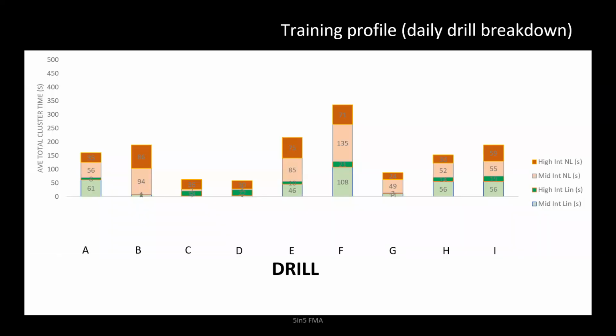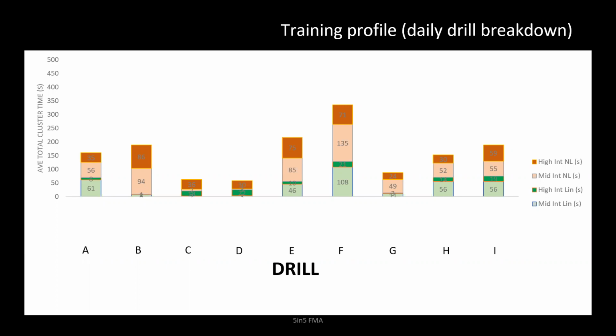I'm going to present one chart here which represents a day's training with an English Premier League club, and what we're looking at is the time in seconds spent in each of these 4 meaningful periods of work.